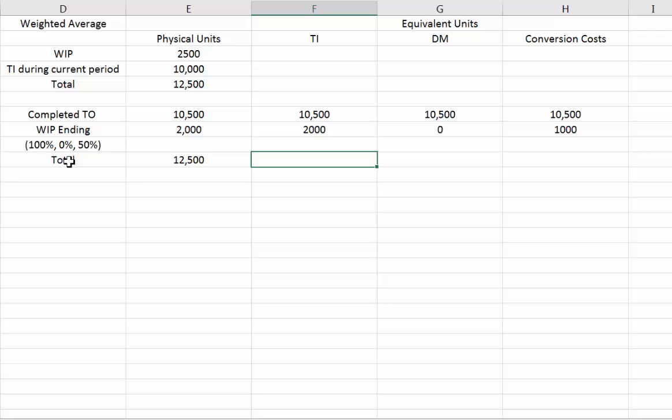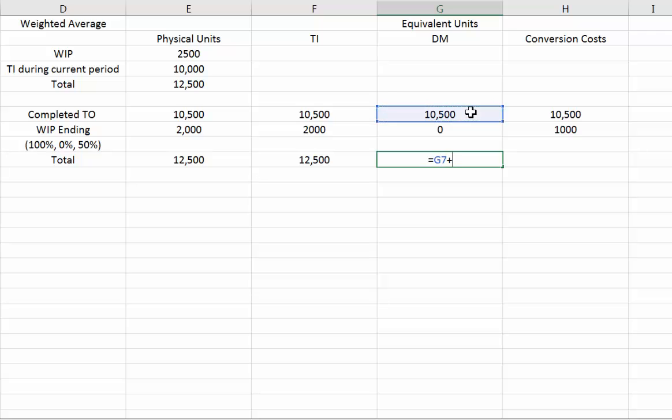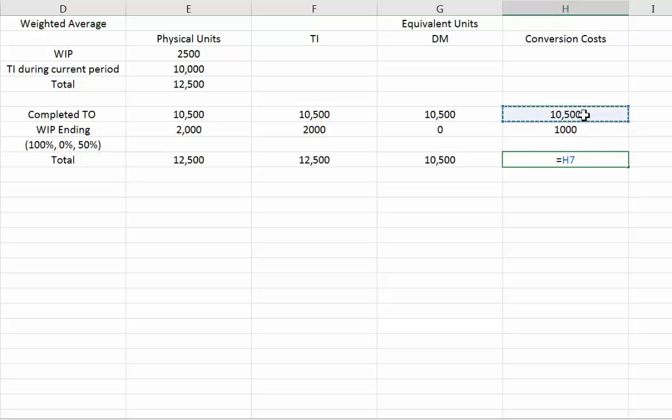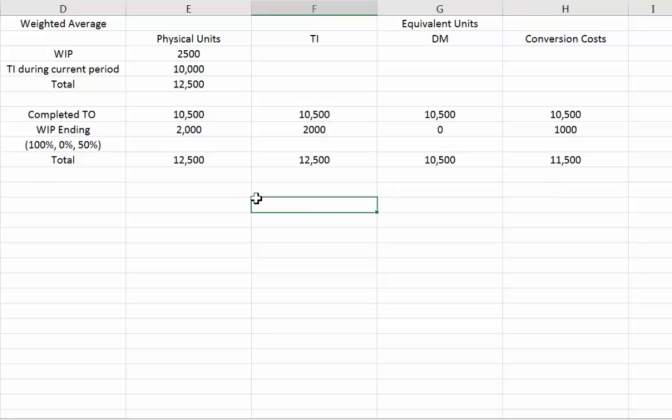For TI, we're looking at 12,500, which is basically add these two numbers. Then for the DM, we're looking at the 10,500. For conversion cost, we're looking at 11,500. So now we are done with the number of equivalent units.